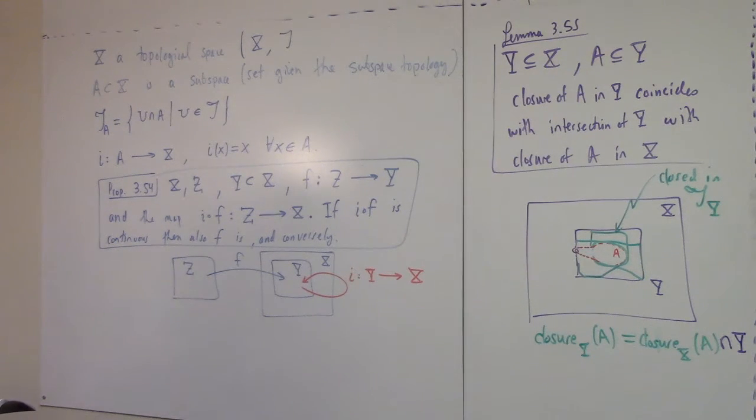Lemma 3.5.6. If X is a topological space, Y is a subset of X, and Z is a subset of Y, then we've got these three relations.